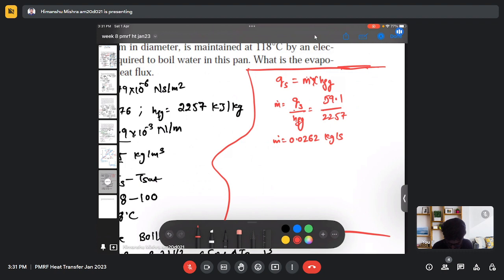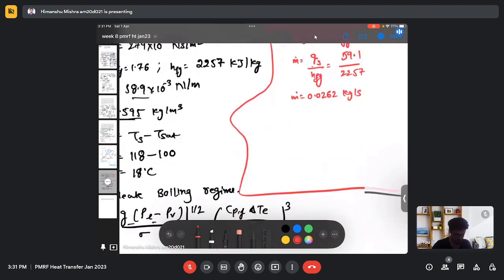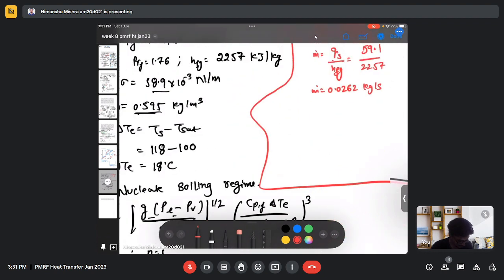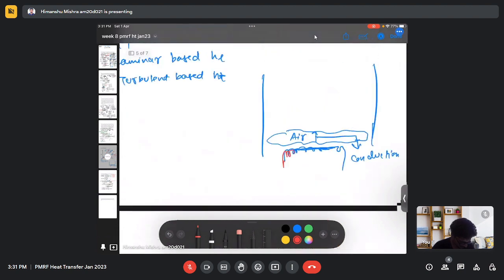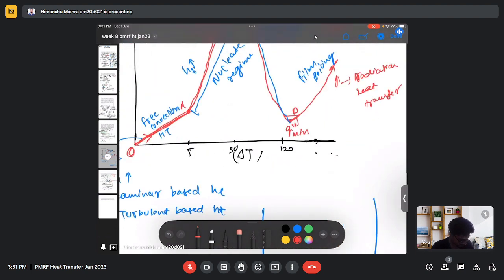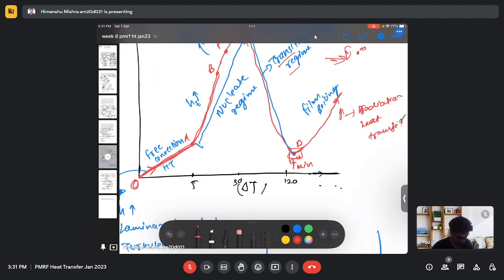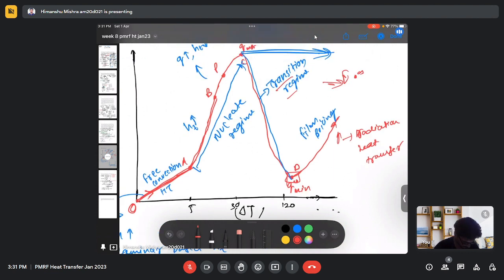Now I need to find the critical heat flux or the maximum heat flux. So basically we are finding the heat flux at point D here. Until now we just found the heat flux in the nucleate region, and then we found the total heat transfer by multiplying it with area.